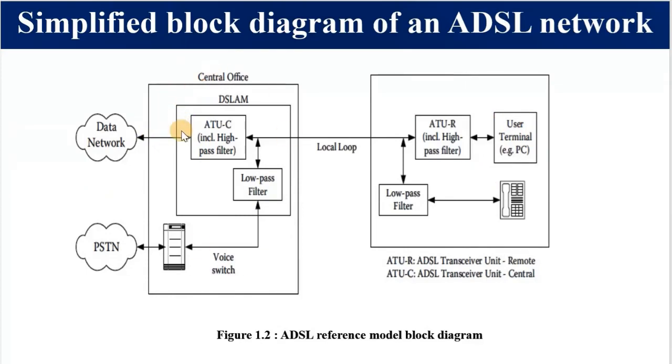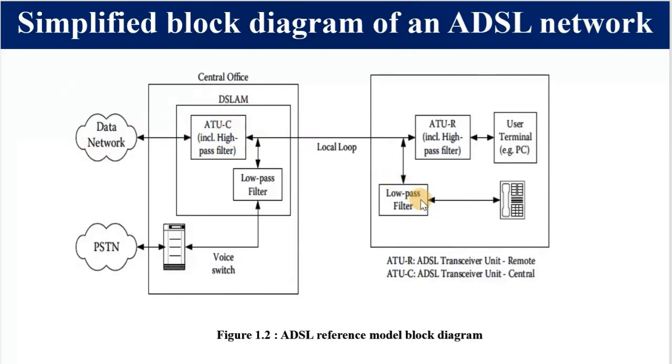And in the exchange, we have got the same device, which is our ATUC, and this contains a high pass filter. The same applies to the ATUR. There's a high pass filter. This is going to block voice frequencies so that voice frequencies are going to go via this route, and they are going to be attended to or processed by our voice switch, while ADSL signals are going to be forwarded to our data network.